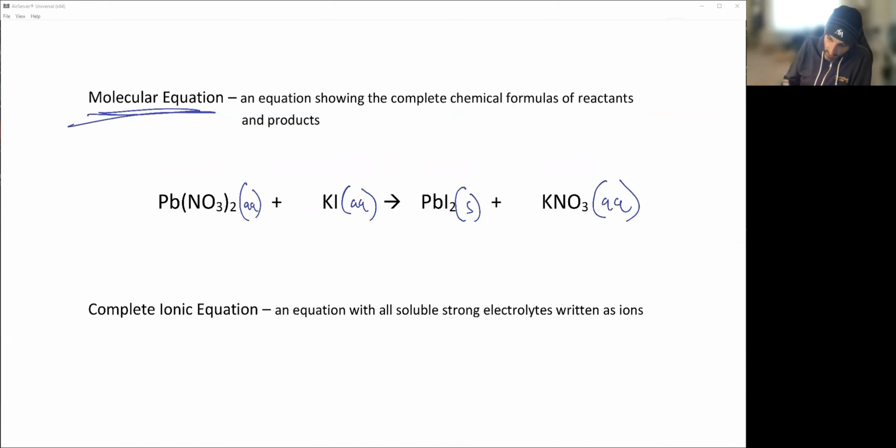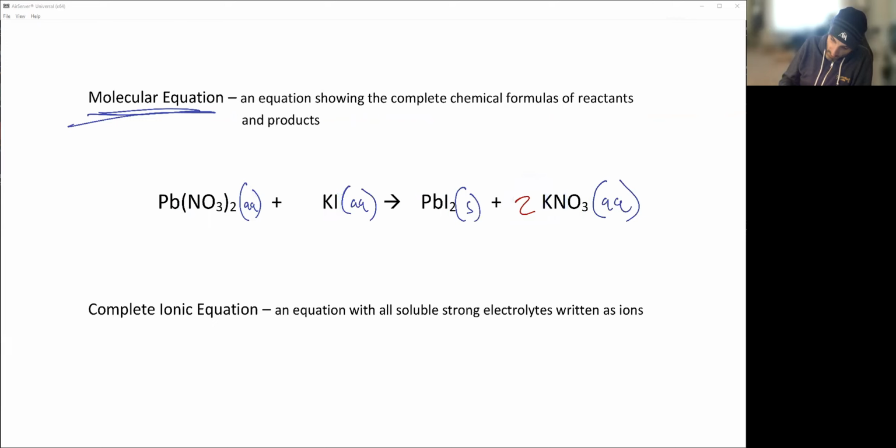Let's balance this out. Again, I've got one lead, two nitrates, I have one nitrate. So let's toss a 2 in front and let's start again. One lead, two nitrates, one potassium, two potassium.